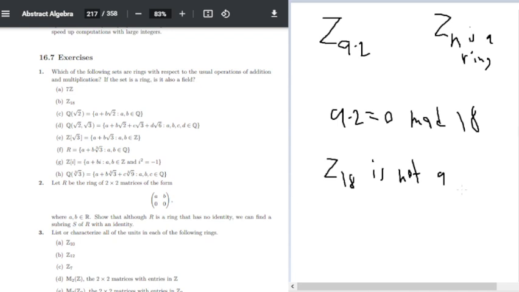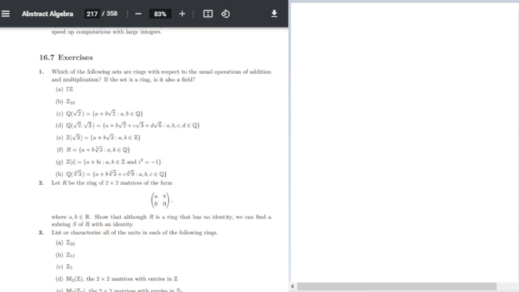I should also show, I don't know if they showed already, that having that multiplicative inverse implies that you have a field. But suppose that a times b is equal to 0 for a, b not equal to 0 in a field.